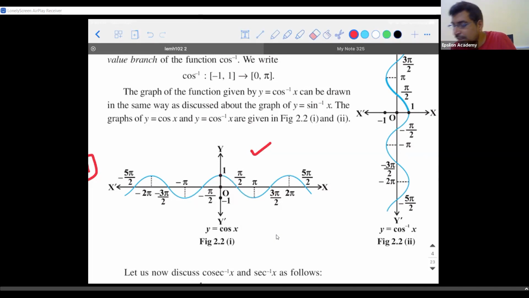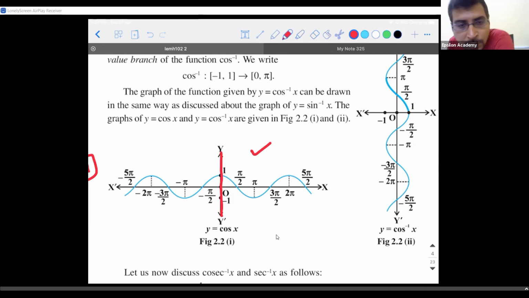What do I mean by symmetric about the y-axis? If you take the y-axis as the center and fold the graph, the graph will exactly overlap. That is the meaning of being symmetric.